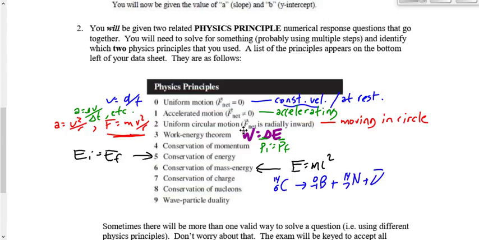If we're trying to balance the atomic numbers, that's conservation of charge. If we're trying to balance the mass numbers, that's conservation of nucleons. Number of protons and neutrons, nucleons, that's what we're doing if we're balancing that mass number.